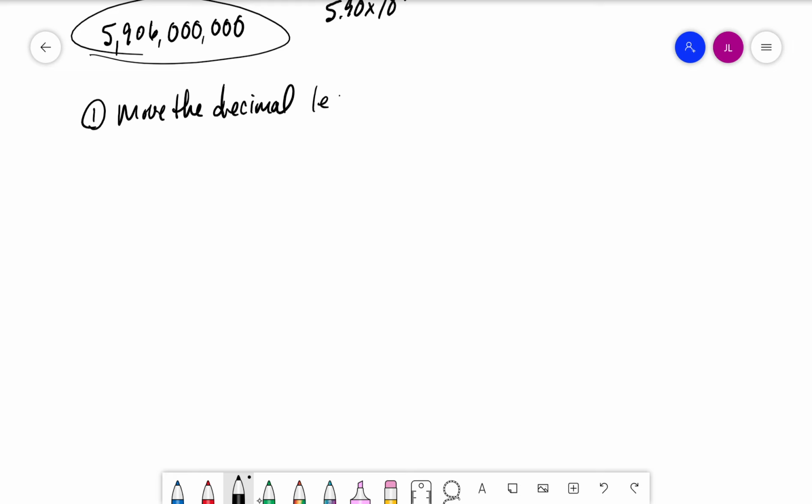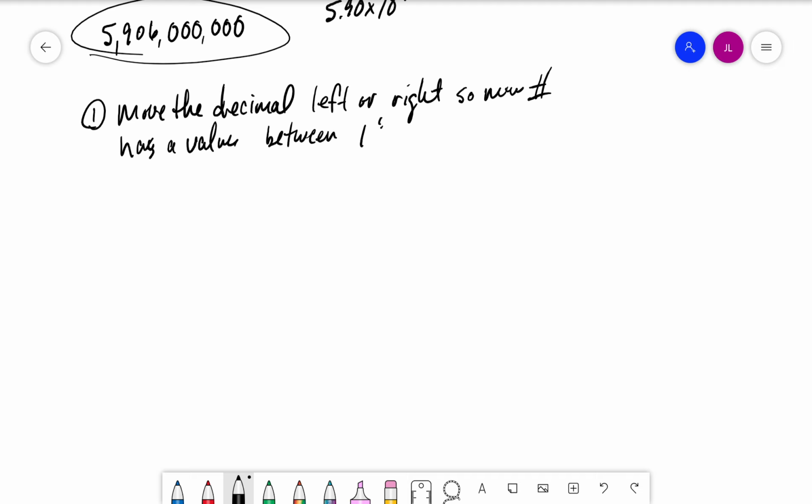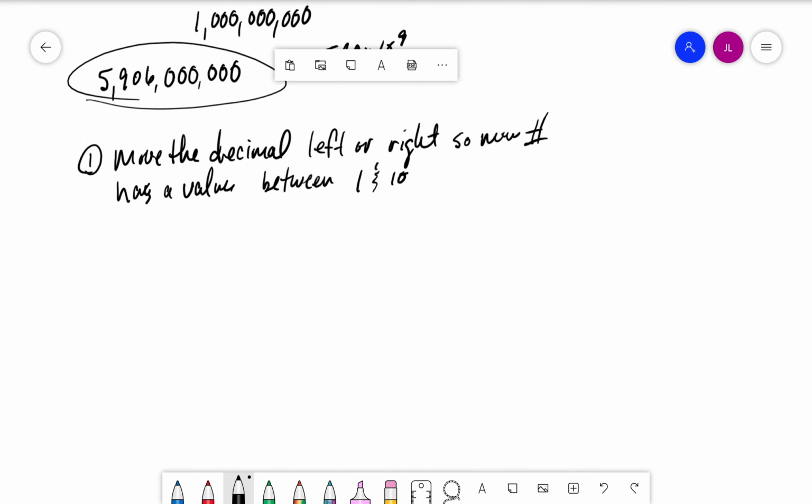This includes 1. For example, with 5.906 times 10 to the 9th, we moved the decimal so the new number has a value between 1 and 10.